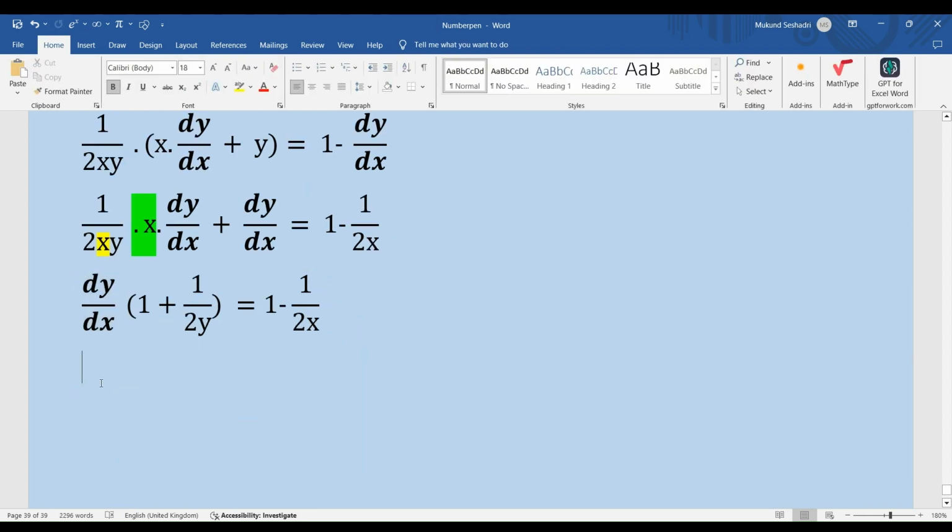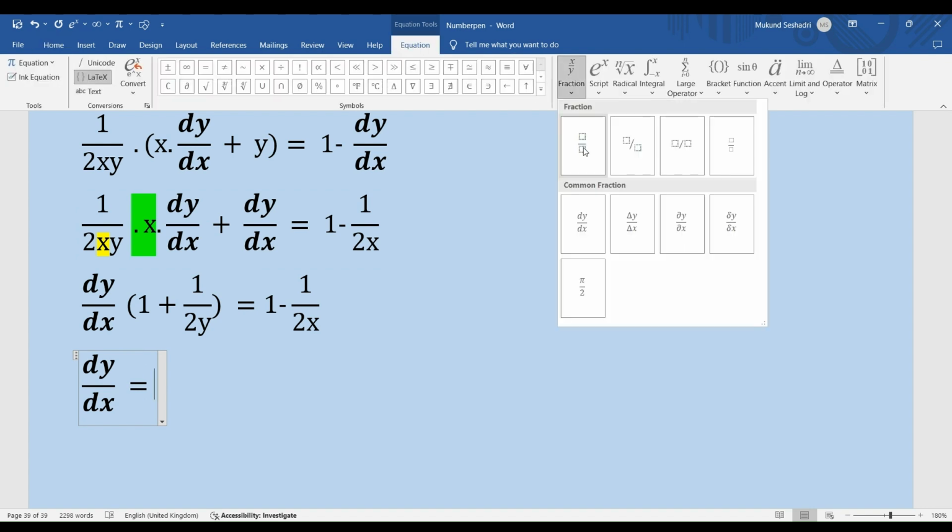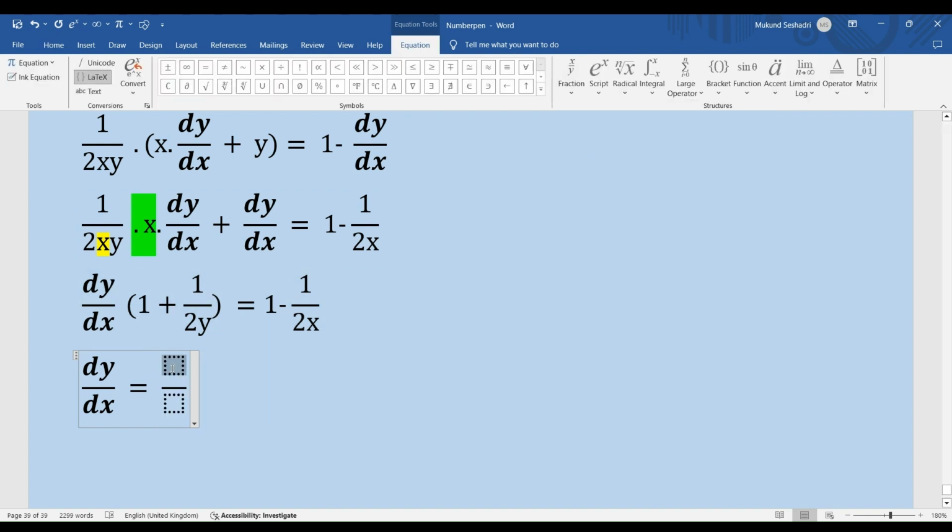So now we have more or less arrived at our final answer. My final answer for this would be dy by dx equals 2x minus 1 divided by 2x, and again, I have a 2y plus 1 divided by 2y, right?